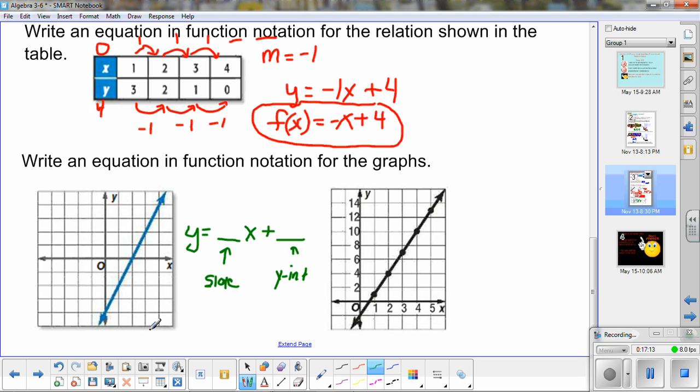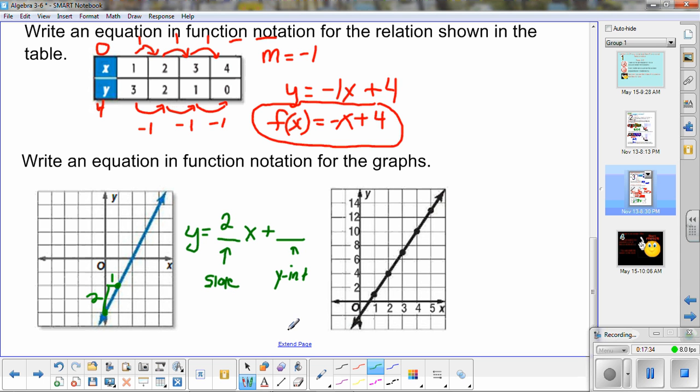The slope of this line, I'm going to look for 2 nice points on the line where they cross perfectly on the grid lines. This slope is 2 over 1. Remember, rise over run. You rise 2, run 1.